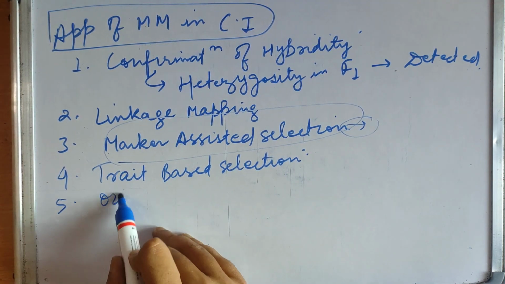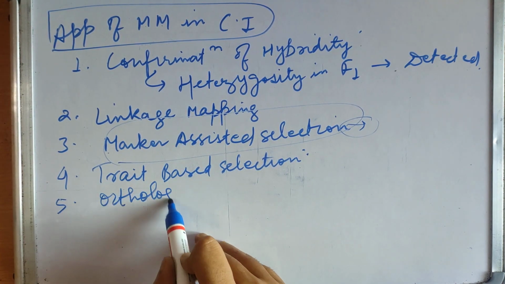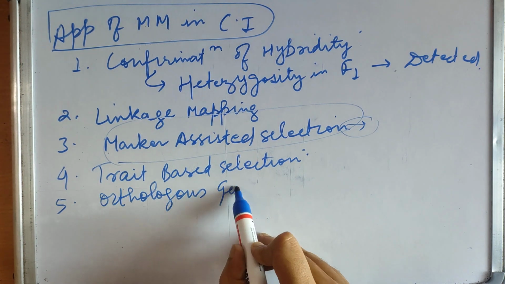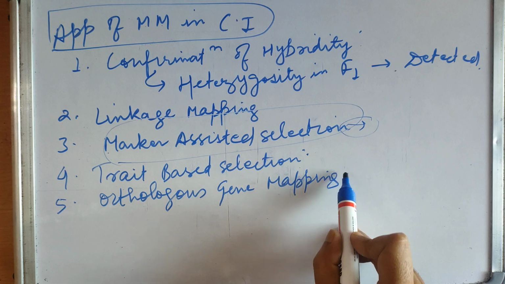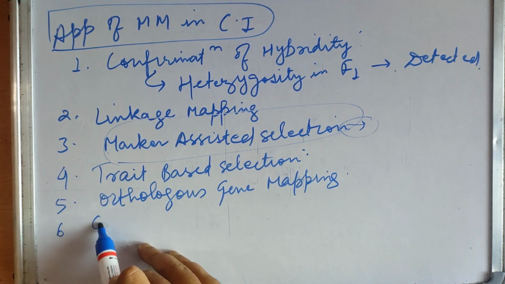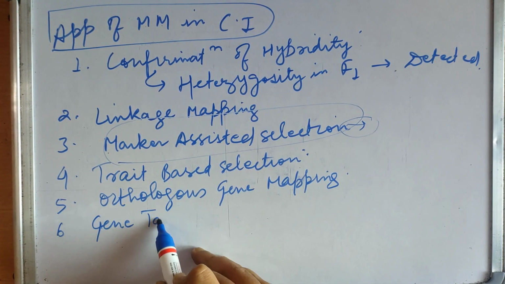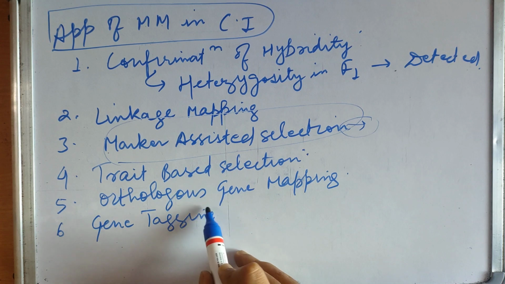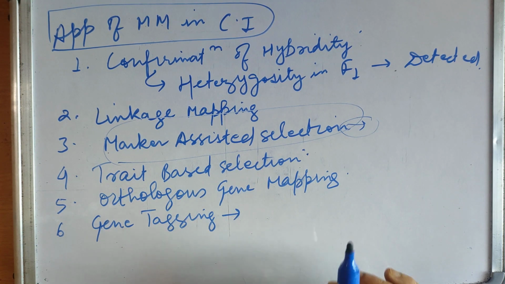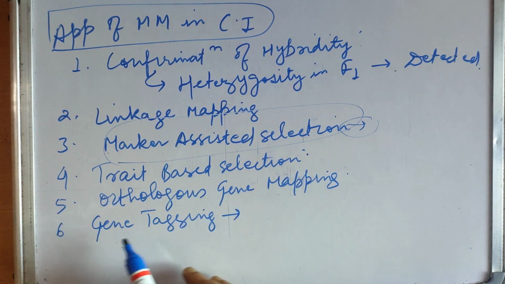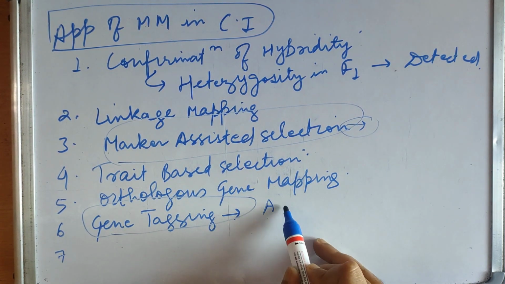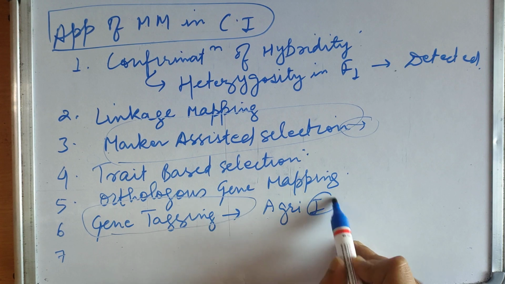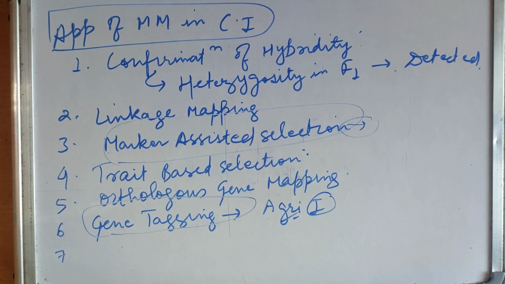We can also do orthologous gene mapping. We can do gene tagging, that is mapping of genes of agricultural importance, genes which are very important for agriculture. We can do heterosis breeding.